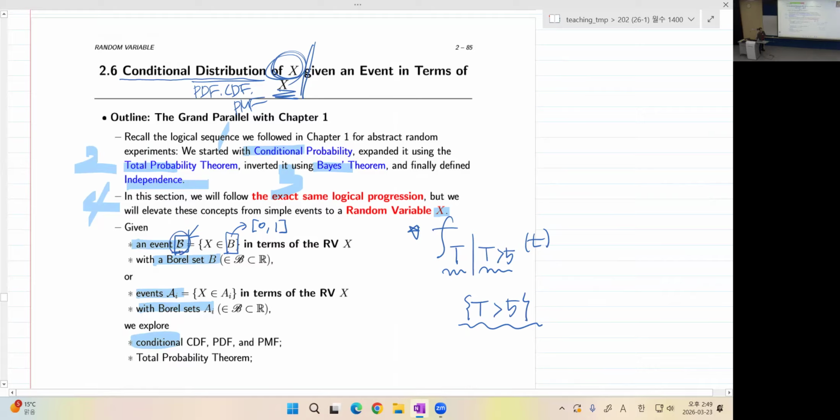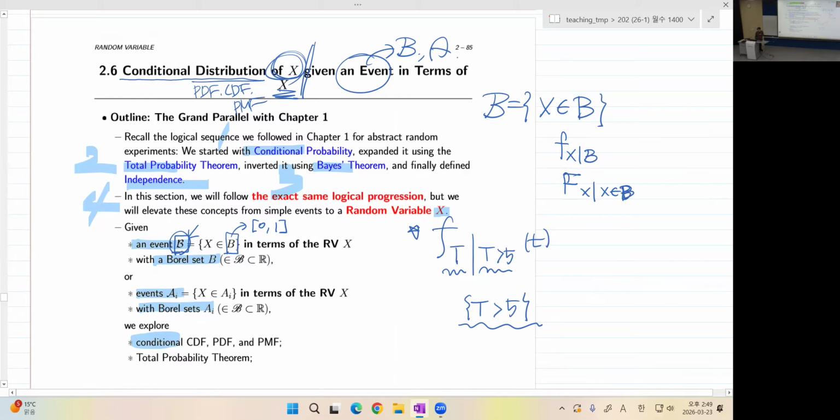This calligraphic letter B means an event, which will be written as calligraphic B or sometimes A. And our event B is defined as X in the Borel set B. Now, we want to find something like the density function of X given the event B, or the CDF of X given X is in the Borel set B.